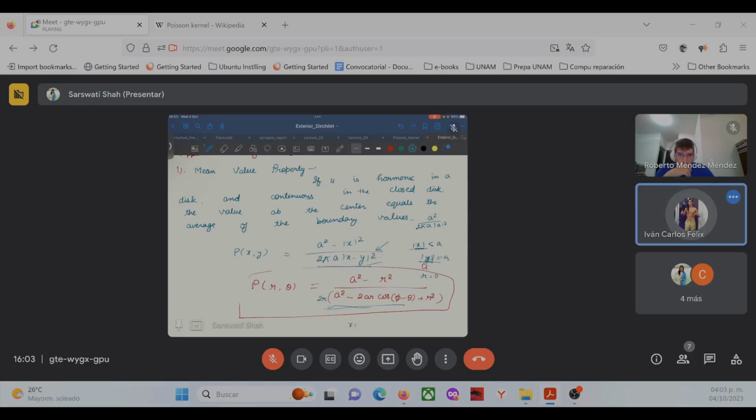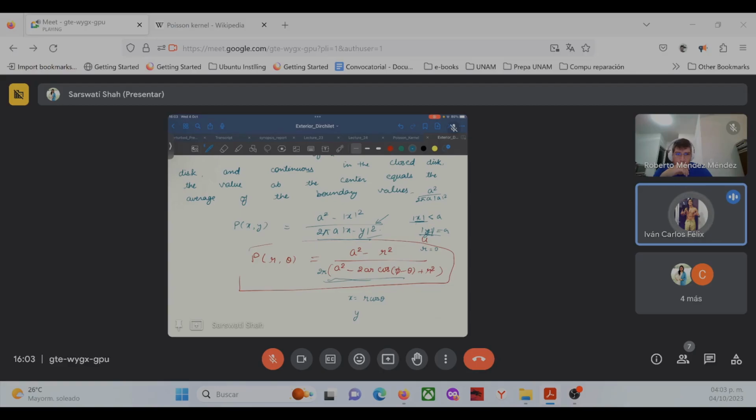What if we substitute x equals to r cosine theta and y equals to r sine theta in the solution P of x comma y? If we substitute that, then you get r squared multiplied by cosine squared, and in the denominator you get 2 pi a.